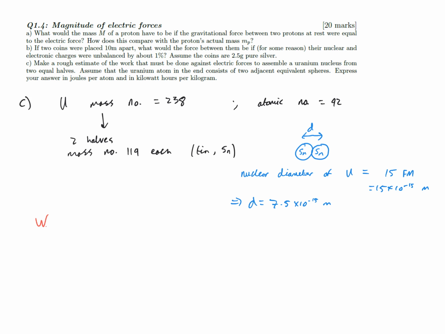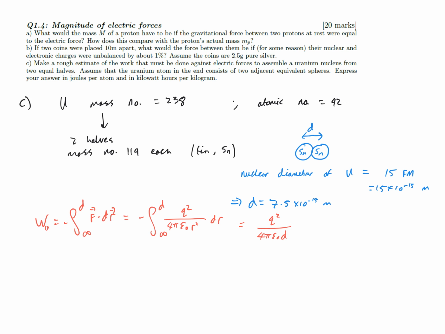So the work done to assemble this uranium atom against these electric forces is the line integral from infinity to d of the force dr, and that force in question is of course the Coulomb force, and when we work that out it's just going to end up being q squared over 4 pi epsilon naught d. That's the work done.